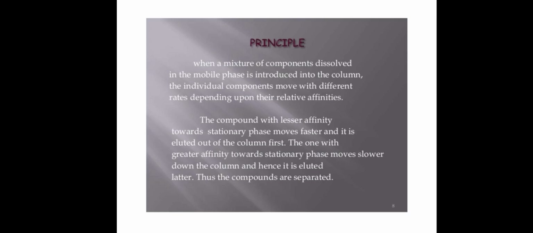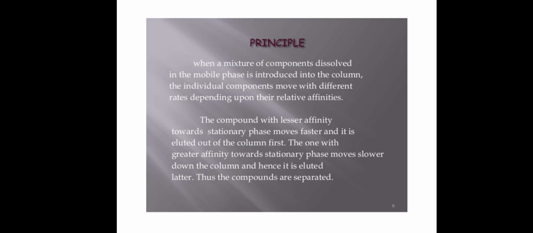Principle of column chromatography: when a mixture of components dissolved in the mobile phase, or the liquid phase, is introduced into the column, the individual components move with different rates according to their polarities and relative affinities.